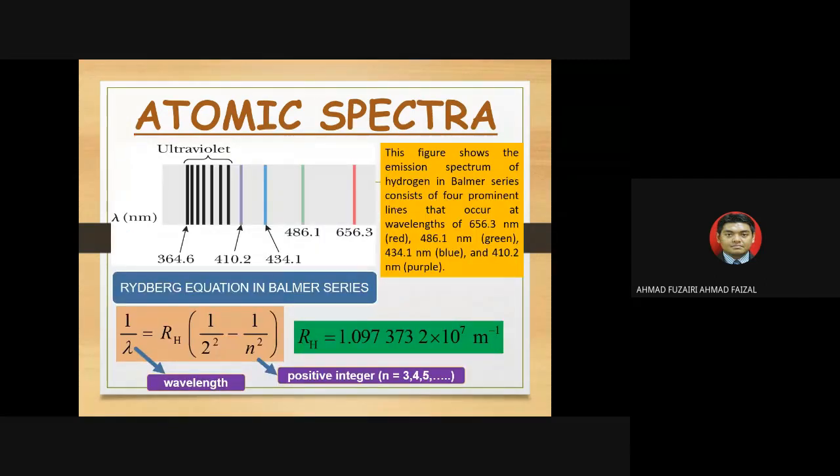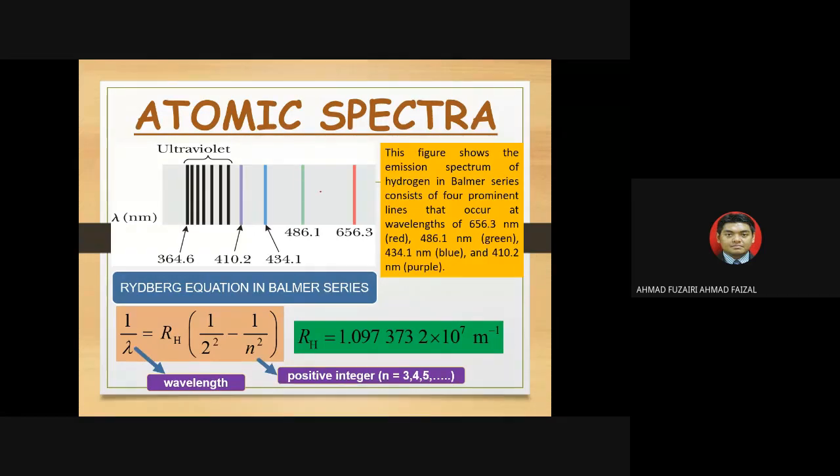In this case, this figure shows the emission spectrum of hydrogen. We specifically look at hydrogen itself, introduced by the physicist named Balmer.